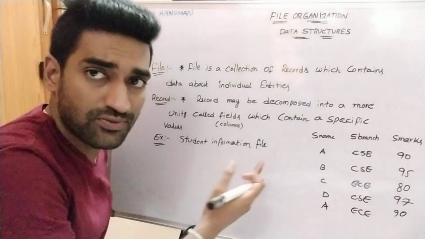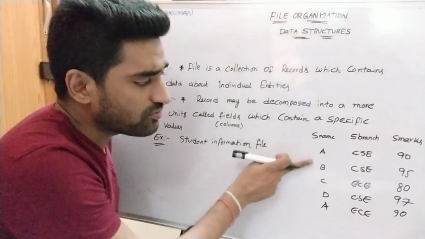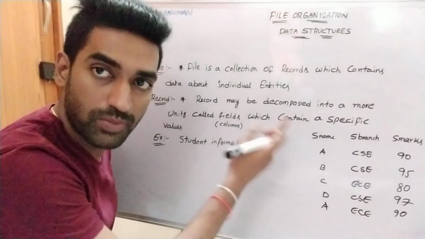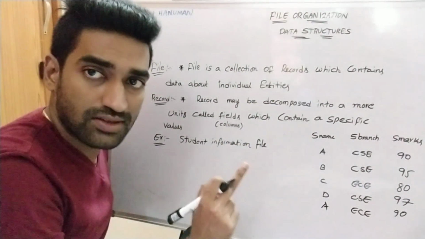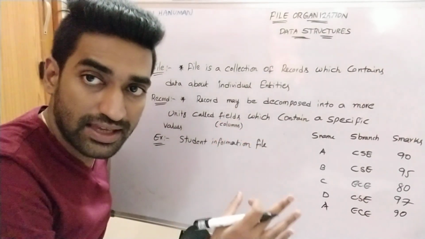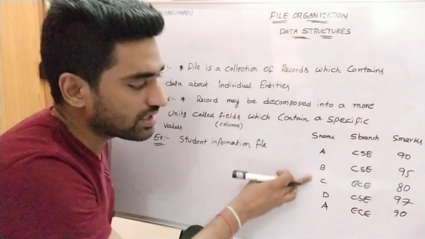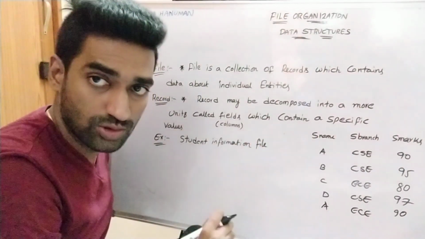So in such cases, each and every row is uniquely identified by one field, and that field can be represented with the help of a primary key. Each and every record can be identified with the help of one unique value.